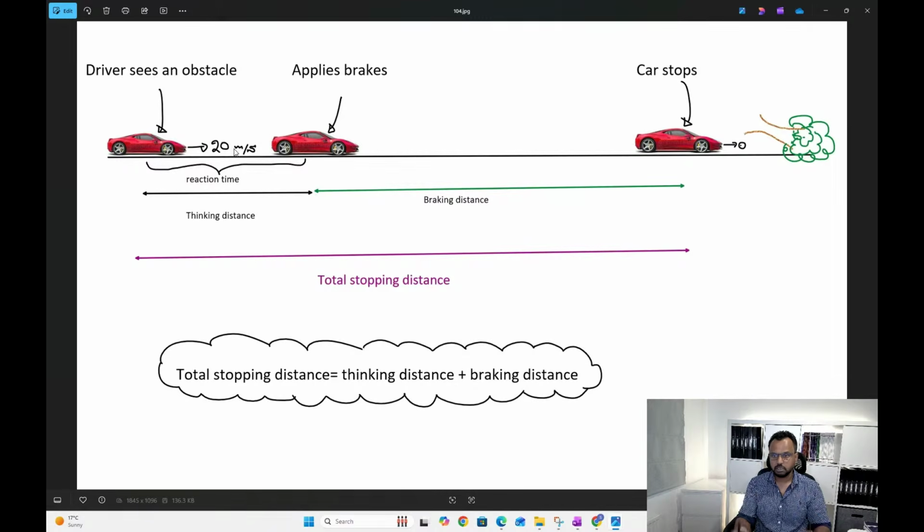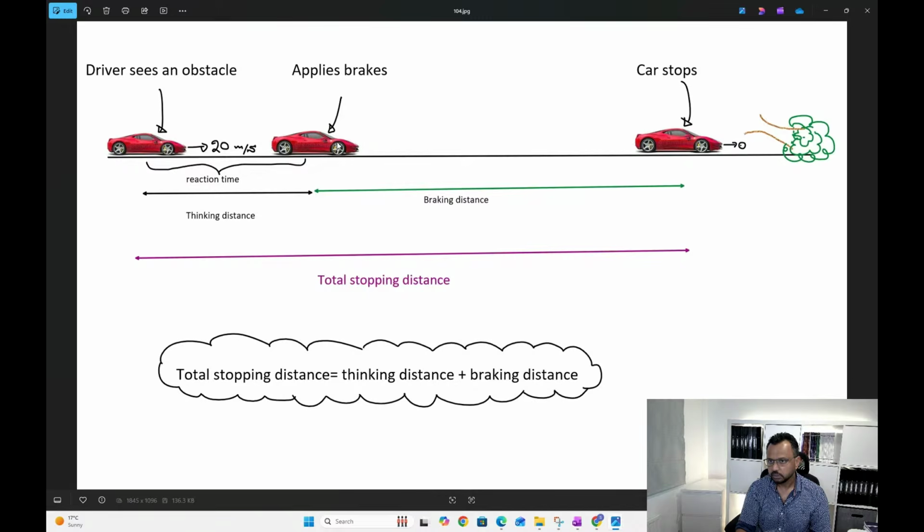All of that will take probably about 0.7 seconds in a driving situation in a healthy individual, 0.5 to 1 second, something like that. In that time, do you think the car is going to wait until you decide all that? The car is going to move anyway, and we call that the thinking distance: the distance traveled by the car during the driver's reaction time.